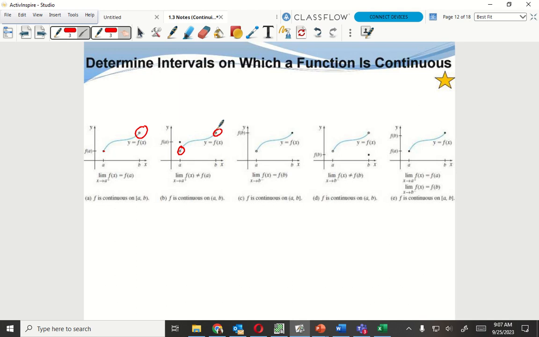This one right here is continuous at B, so that means it's a closed dot there, open dot there. This one right here is continuous on A to B, so open dot there, open dot there. And this one right here is closed and closed.